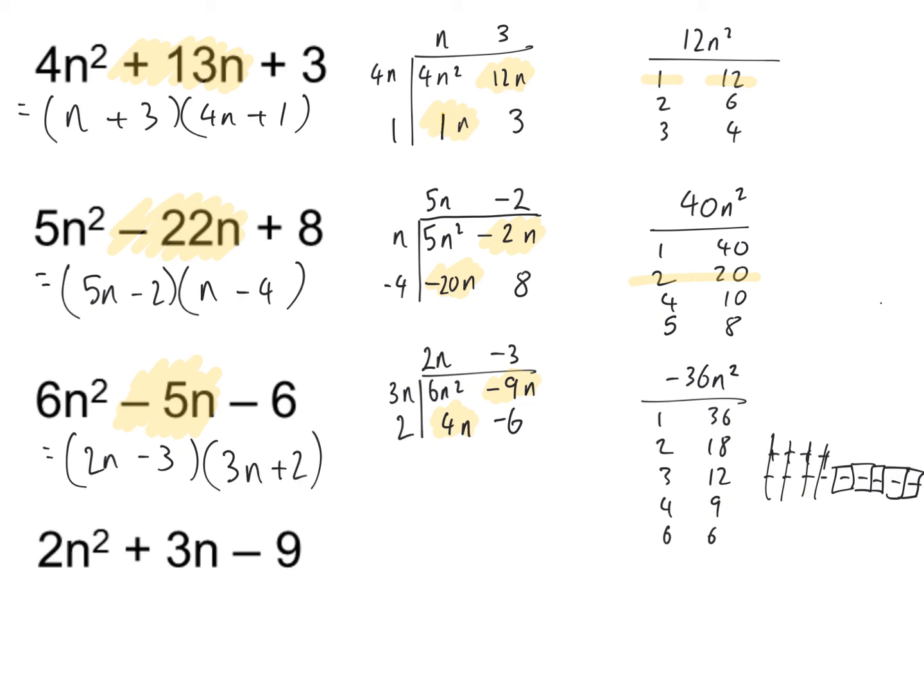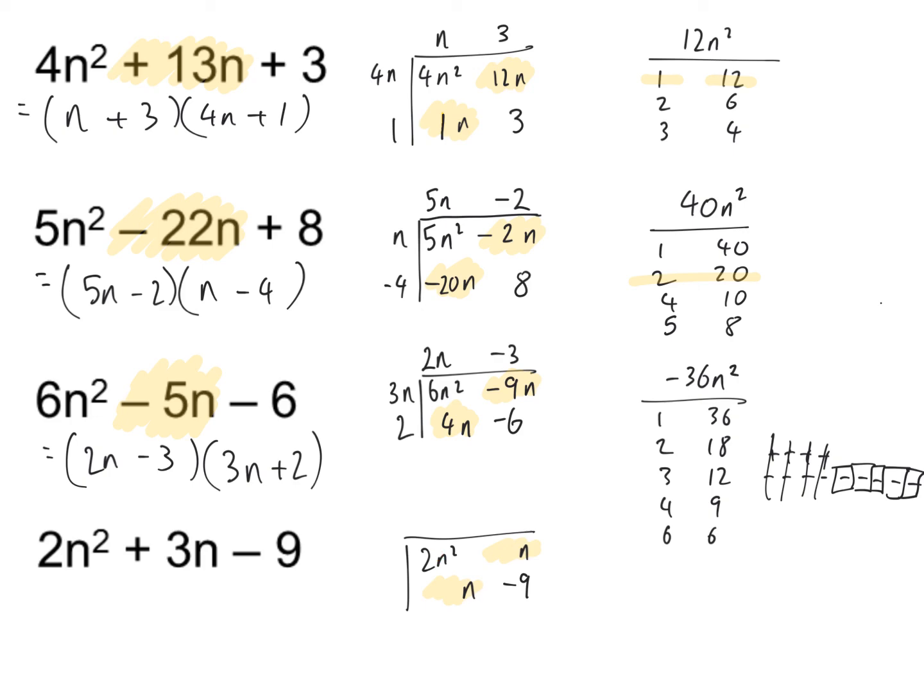Last but not least, got this one here, 2n squared plus 3n minus 9. I set up a grid. I know 2n squared will go up there, minus 9 will go in there, and in these two boxes I'm going to have some n's.